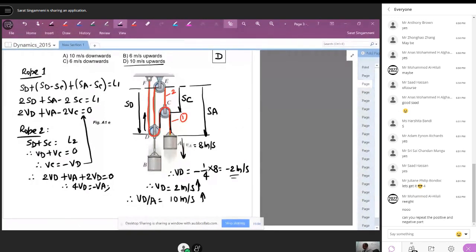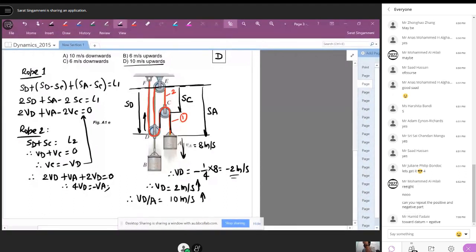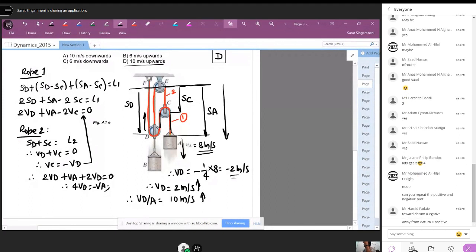See, the datum is here. We take movement away from the datum as positive. So we are taking VA as positive 8. But VD is minus 1/4 VA. When you substitute VA is 8, VD is coming negative 2 meter per second.